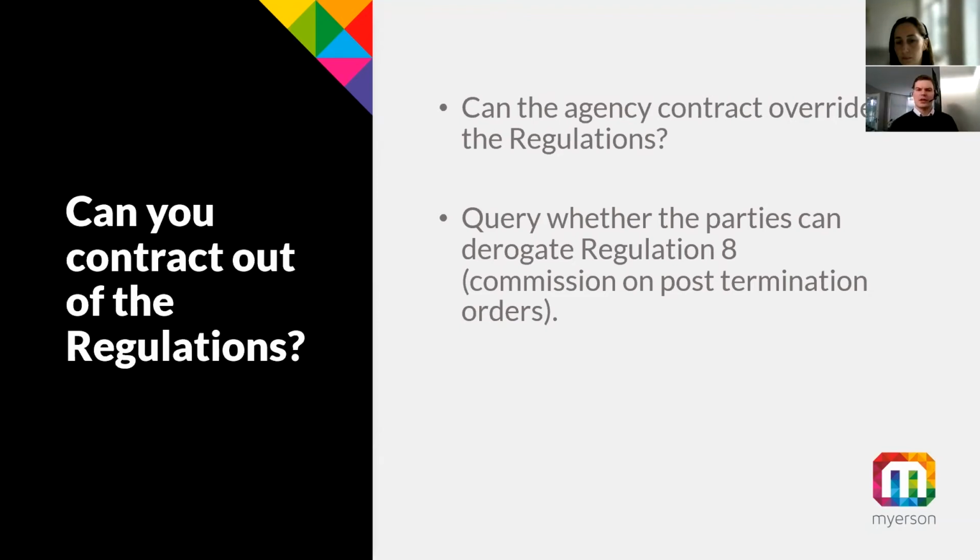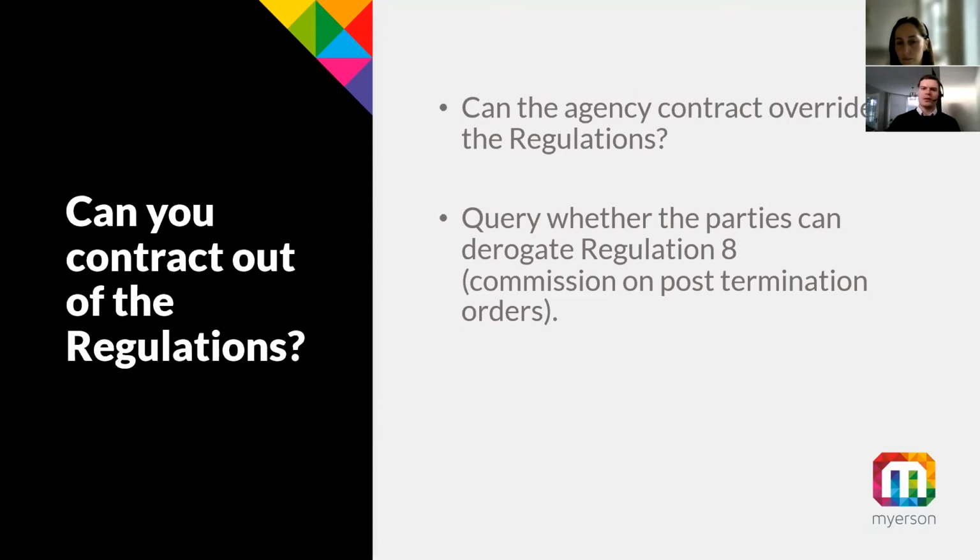There's no express non-derogation provision in the regulations concerning this type of commission. So technically the parties could agree to exclude it in the agency contract. However, I would question whether this exclusion would be at odds with the overriding purpose of the regulations, which is to protect an agent.